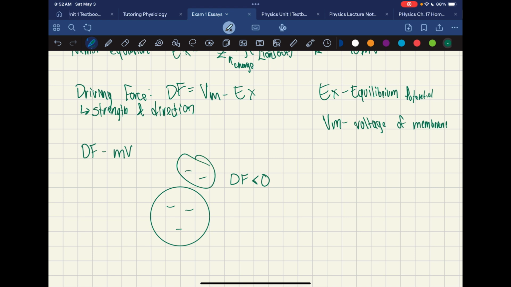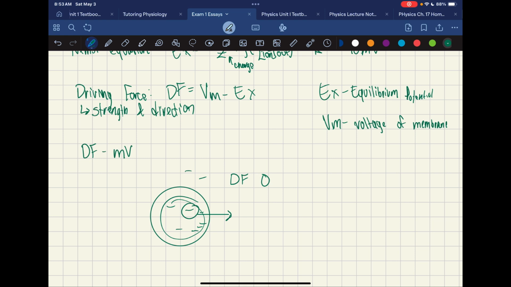So we see that there's 3 inside, 2 outside, and this is going to cause our negative ions to leave the cell. Because like we said, the driving force is less than 0, which means we have a high concentration of negatives. It's more negative inside the cell. And since we're testing for a negative ion, it's going to want to get out of there because it is very, very negative.